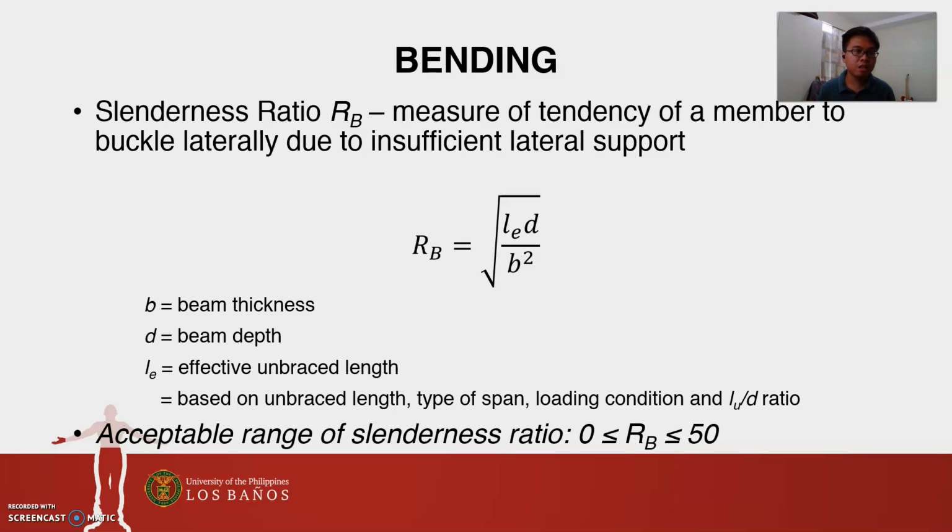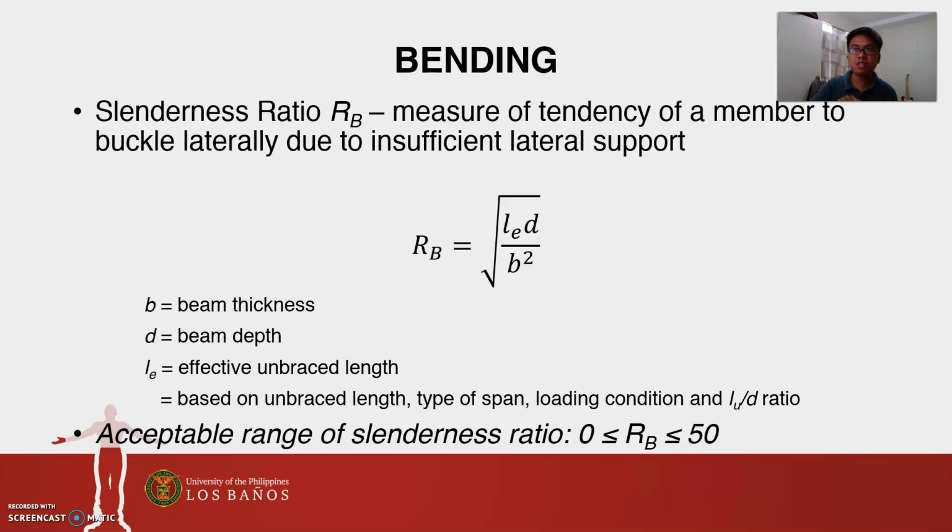However, think of a member that is not that slender, maybe it's just short, or maybe the section is bigger, and therefore it has a low slenderness ratio. What would happen? The susceptibility, the tendency to buckle, is also low.